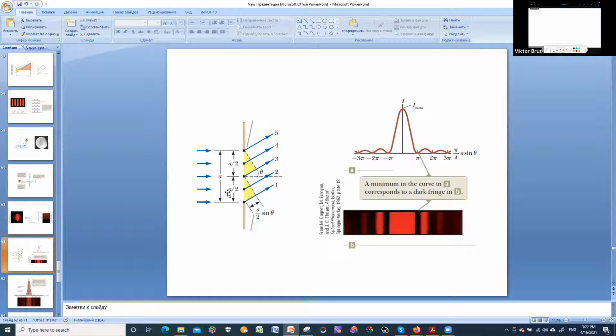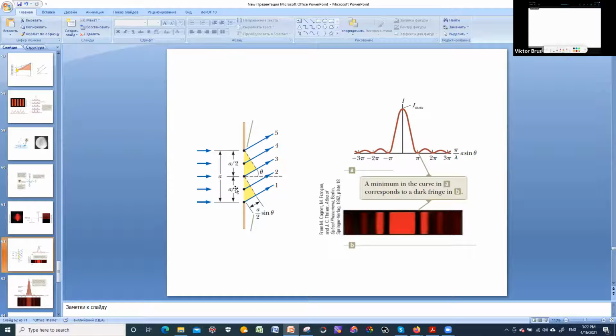So we can write that this cancellation occurs for any two rays that originate at points separated by half of the slit width, since the phase difference for them is 180 degrees.